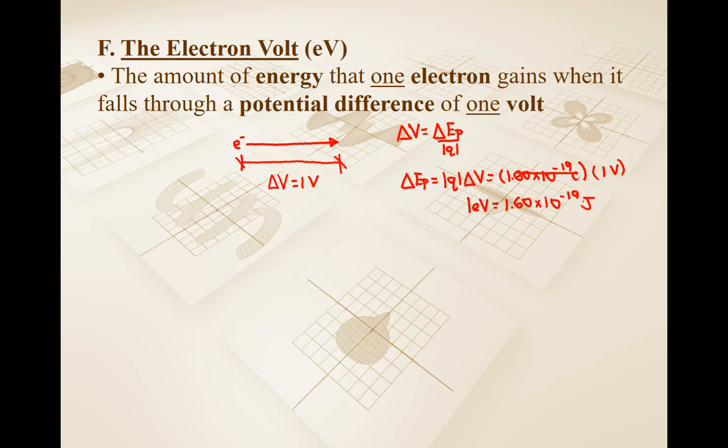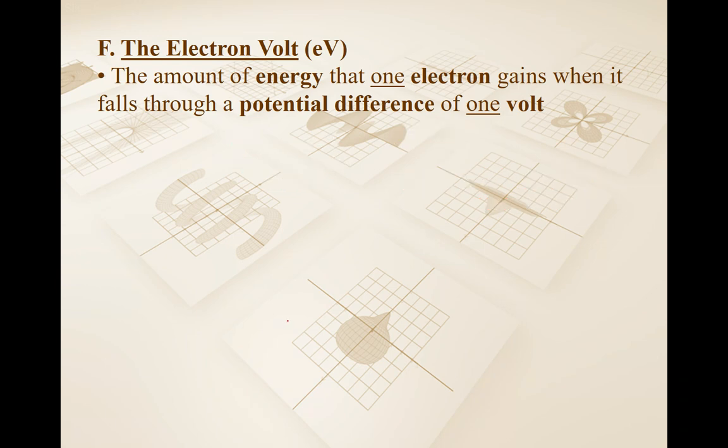So it's a really, really small amount of energy. But it's a really useful unit of energy when we're talking about photons of light, because an individual photon of light has such a small amount of energy.